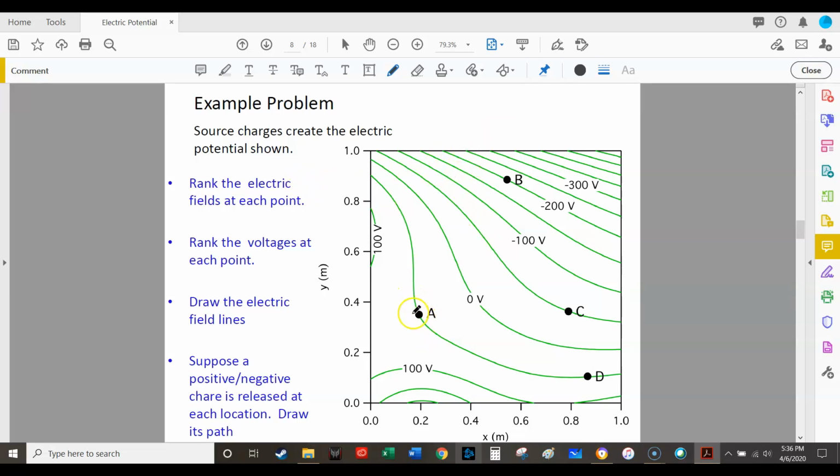We wanted to find the voltages at A and D, and the voltages at C, and the voltages at B. We're also supposed to rank the strength of the electric field at A, B, C, and D from largest to smallest, and then we're also going to be drawing electric field lines through B, through A, through C, and through D. And the electric field lines are perpendicular to these equipotential lines that are the green lines. So we're going to do this real quick to recap this, and then we're going to try this new one. And that's supposed to be charge.